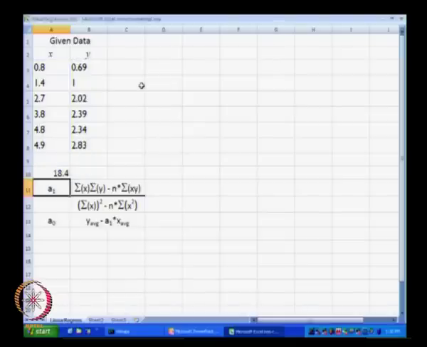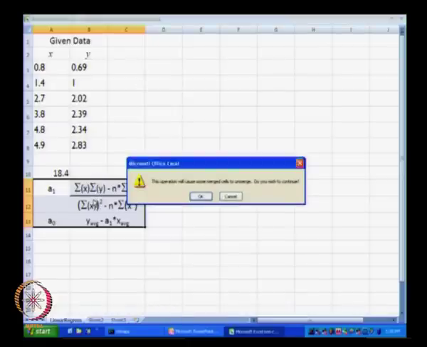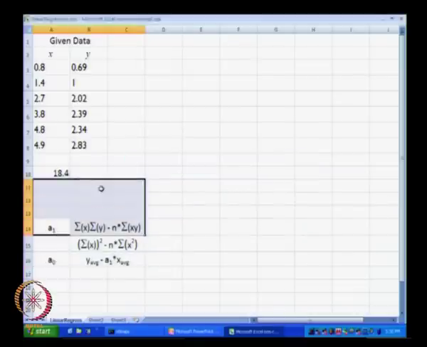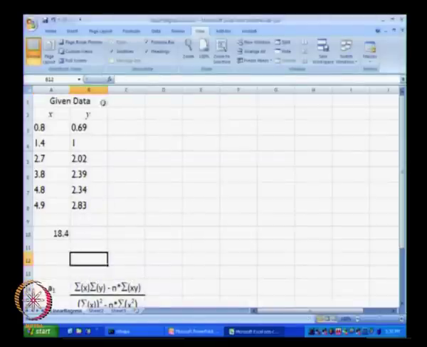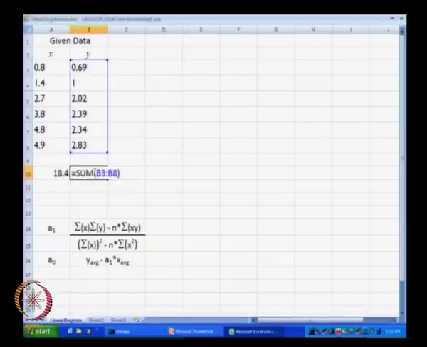Closing the brackets, we get the summation that we see over here. I have just moved the a0 down so that we get more space. Now in order to get summation of yi, we will just drag this cell over here, and if we press the F2 key we will be able to see that this is nothing but summation of yi.